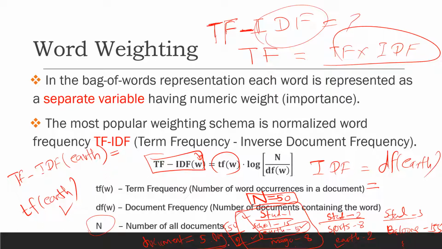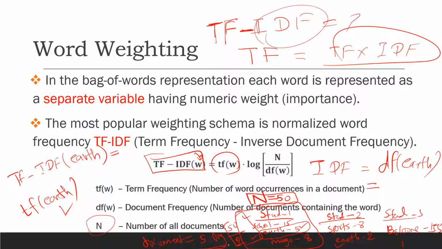Similarly, you need to find the inverse document frequency, IDF. For calculating the IDF, you need to calculate the total number of documents divided by how many documents contain the word employee. So among the total number of documents, you need to find how many documents indicate that employee.